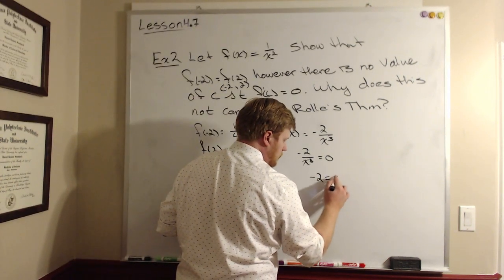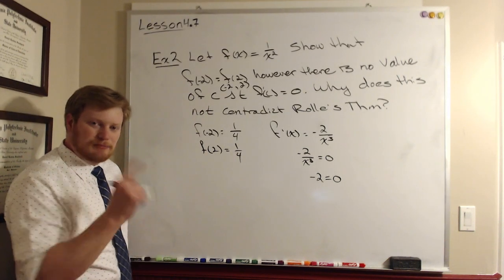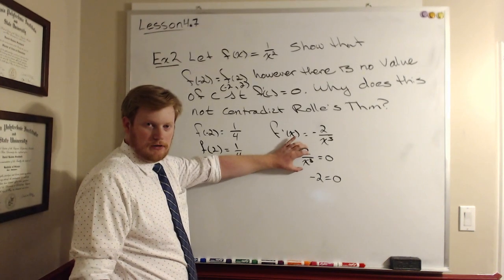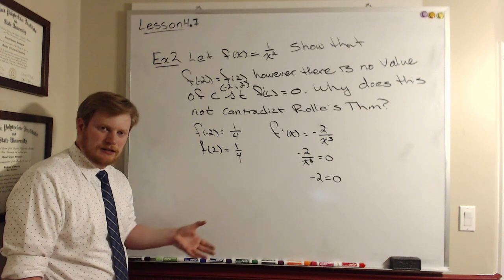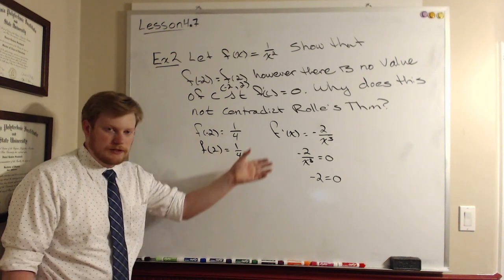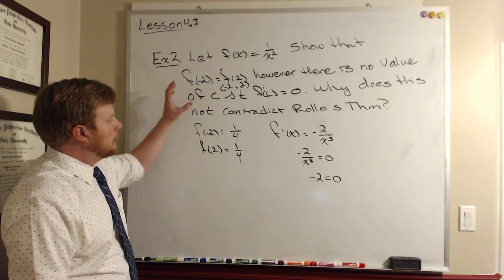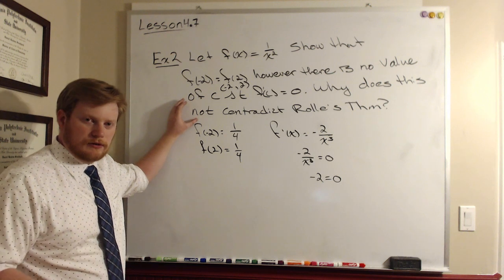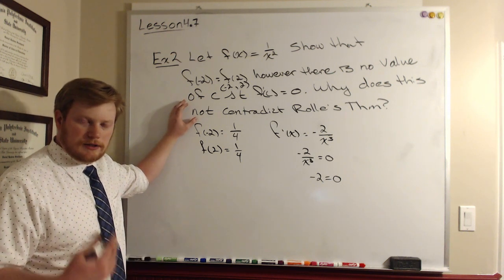So whenever negative 2 is equal to 0, well, that can't be. That can never happen. This will never be 0. So that means there is no value of c where the derivative is equal to 0, but the endpoints have the same value. So why does this not contradict Rolle's theorem? Why does Rolle's theorem still apply here? It's still good.